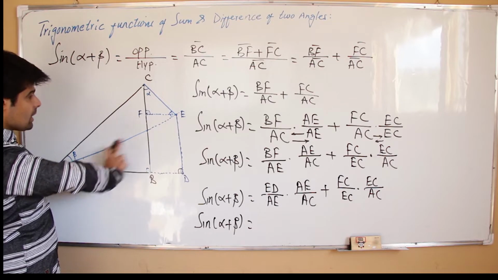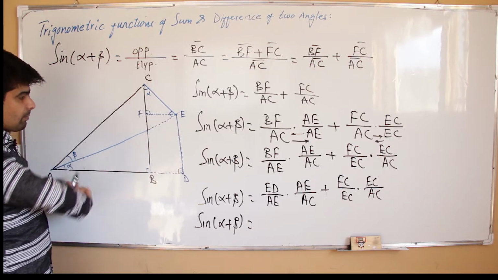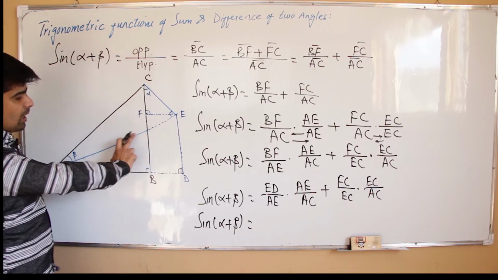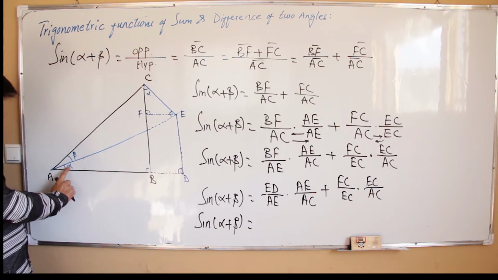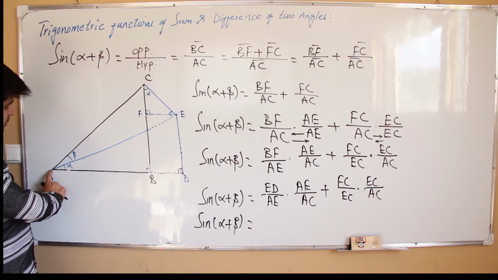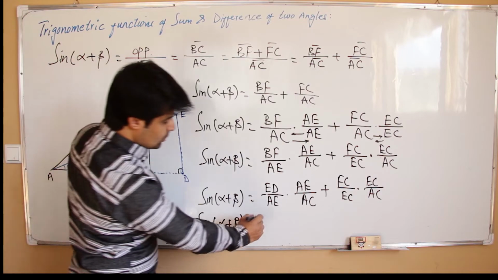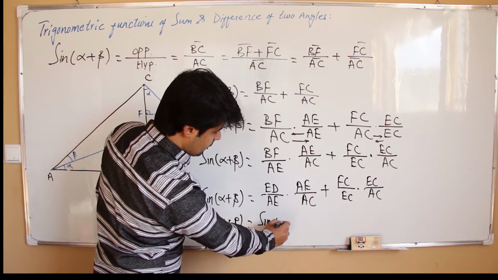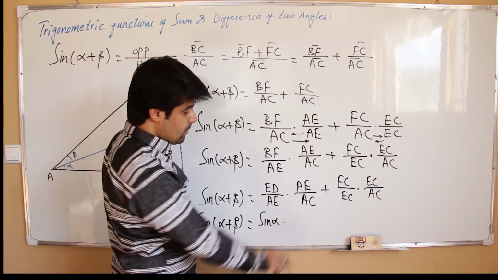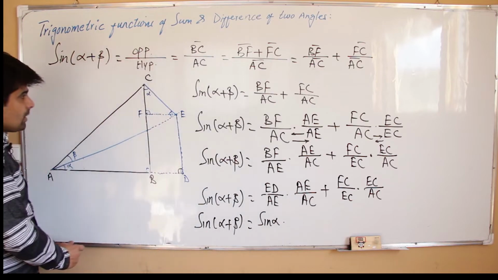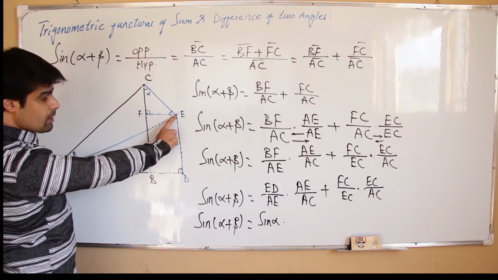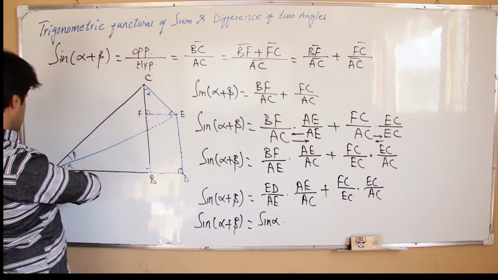What is AE? AE is our hypotenuse. Now, opposite by hypotenuse, it is sine. Sine of which one? Sine of alpha, because alpha is located in AED. So it is sine of alpha, multiplied by AE. Where is AE? AE by AC, this one.